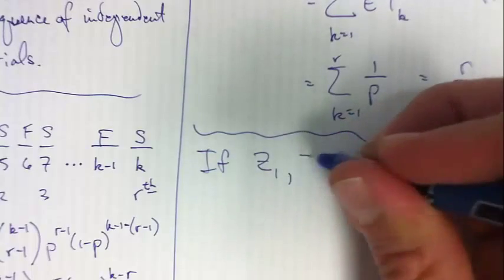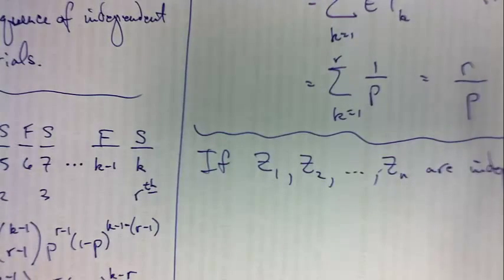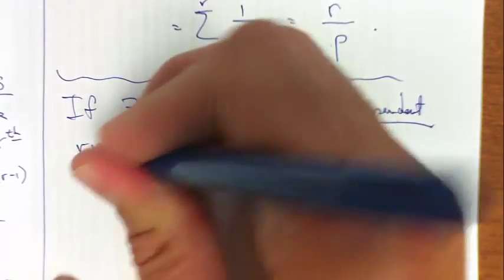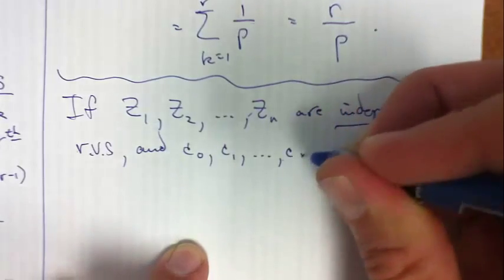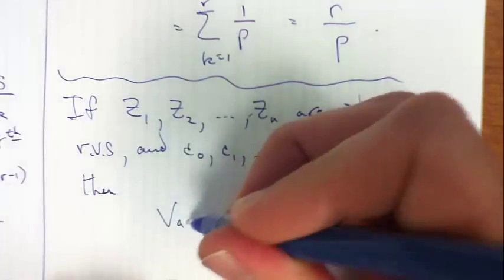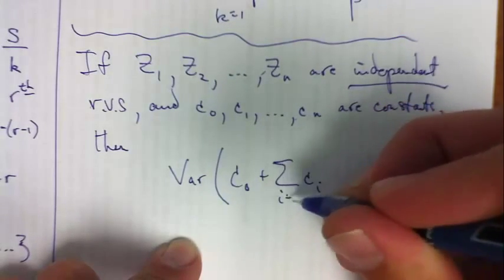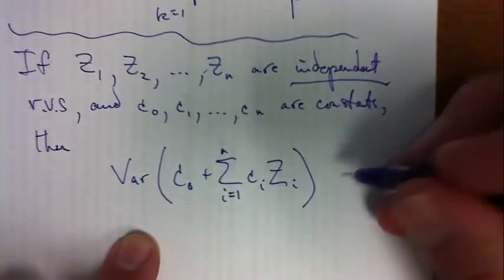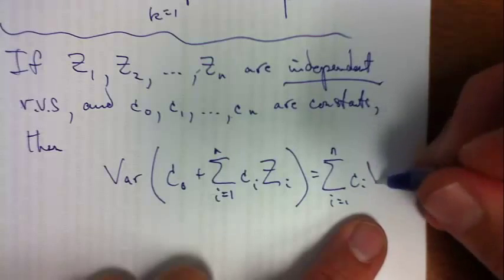If Z1, Z2, up to Zn are independent random variables, and c0, c1, up to cn are constants, then the variance of this linear combination of these variables just turns out to be the sum of the ci squared times the variances.